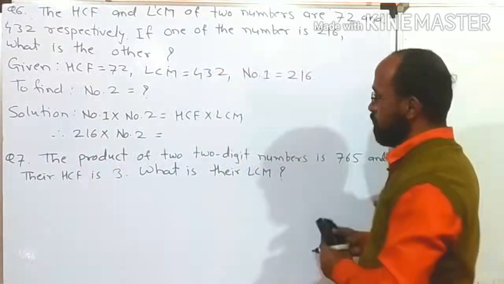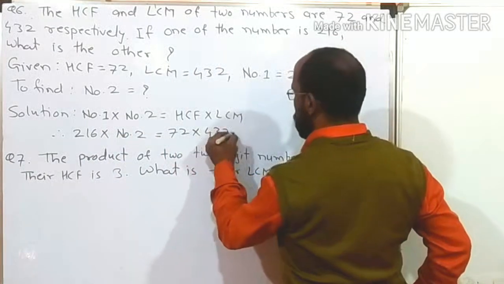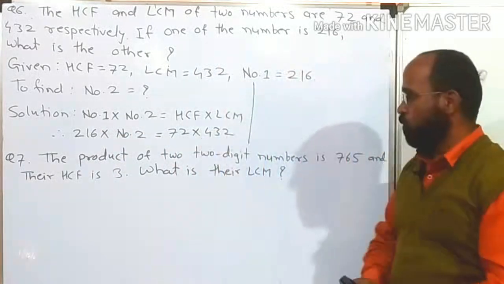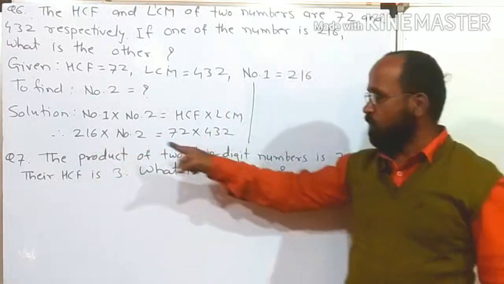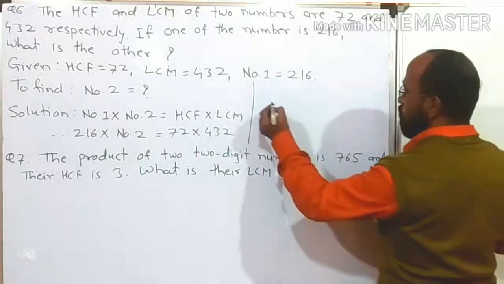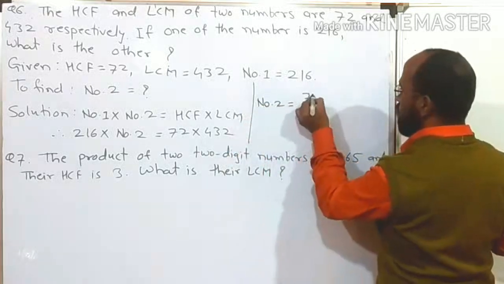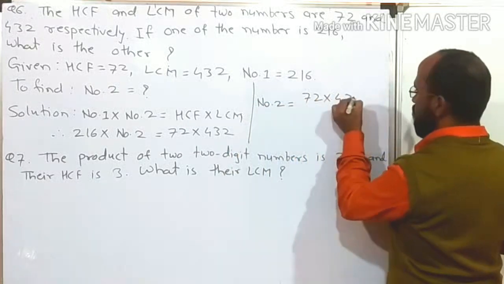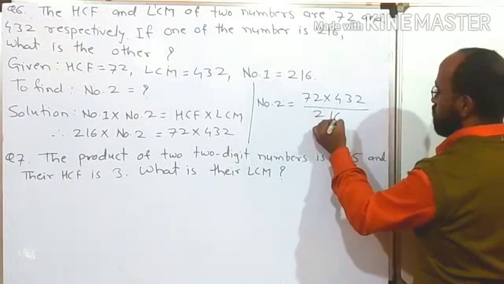What is HCF? 72 multiplied by 432. Now, to find this number 2, this 216 will change sides. It is multiplying here, so after changing sides it will divide. Therefore, number 2 is equal to 72 multiplied by 432 upon 216.